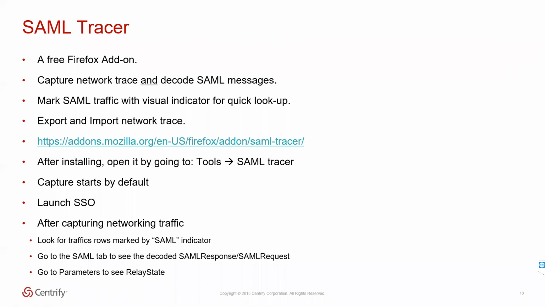So instead of having to eyeball, scroll up and down to find out where your IDP's single sign-on URL is, where the ACS URL is, it tells you it's right there. And more importantly, it decodes the SAML messages for you, so you don't have to copy the string and bring it to another tool to decode it.